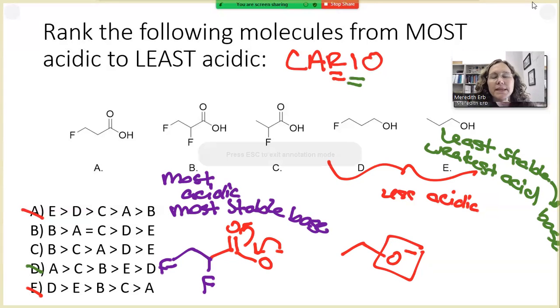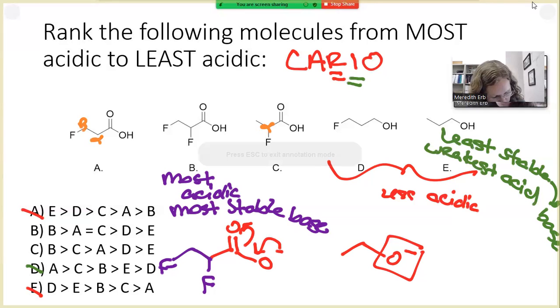Only answer choices B and C are left. So the real question here is, are A and C equal to one another? And the answer to that question is no. They're not equal because the closeness of the inductive atom is important as well. Here, the fluorine is on the alpha carbon, and here it is on the beta carbon. The closer to the anion, the more effect our inductive atom can have.